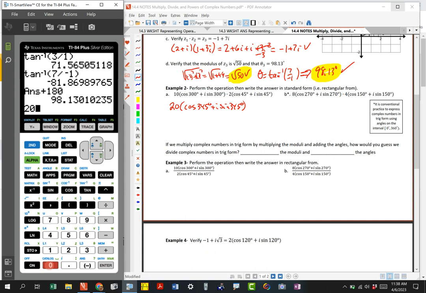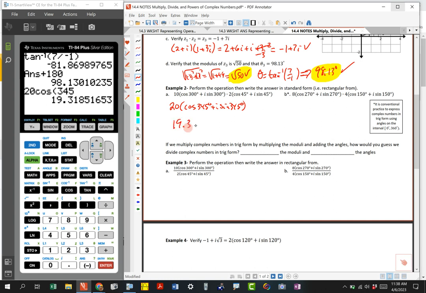I'm going to type in 20 cosine of 345. I'm using the calculator to approximate because 345 is not a common angle. 330 and 360 are. So I type that in and I get 19.32 plus, now we'll do the imaginary part.